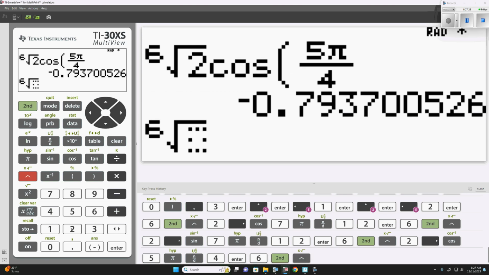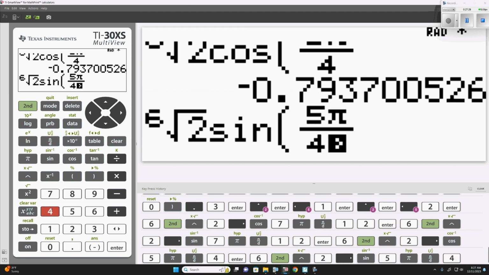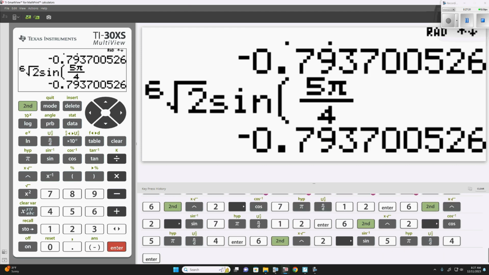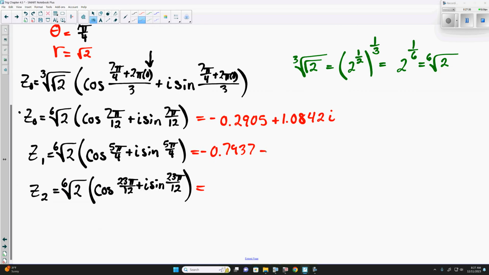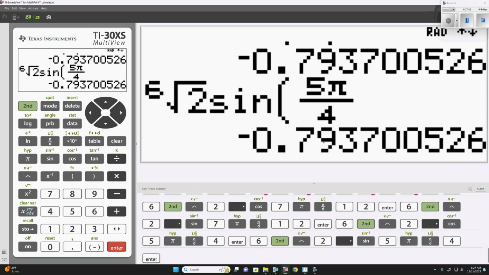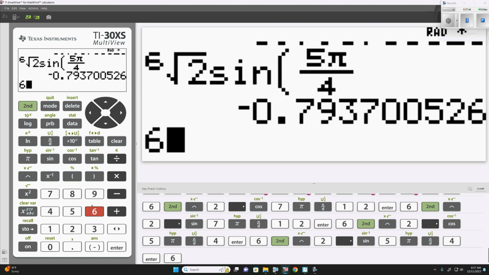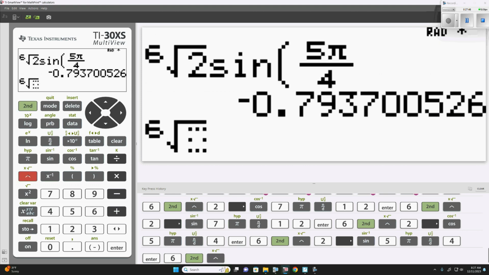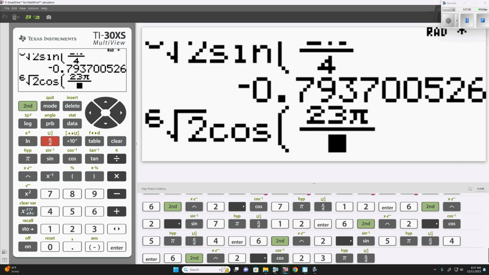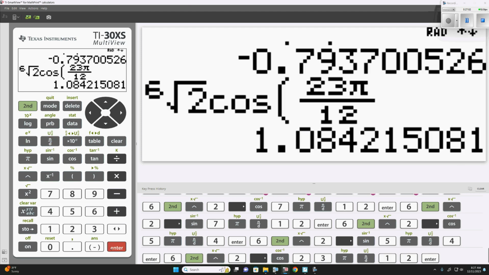Sixth root of 2 sine 5 pi over 4, negative 0.7937. And lastly, 23 pi over 12. 0.0842.